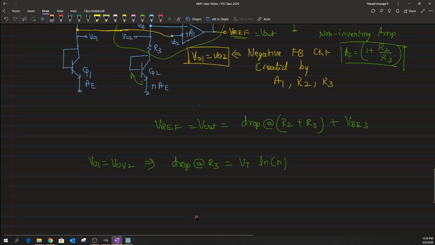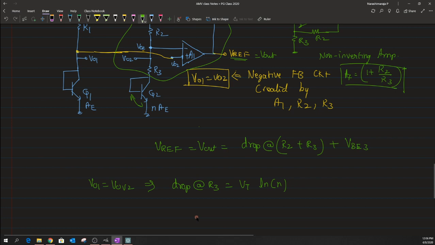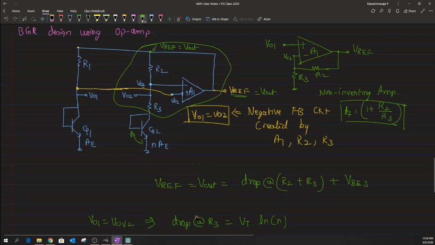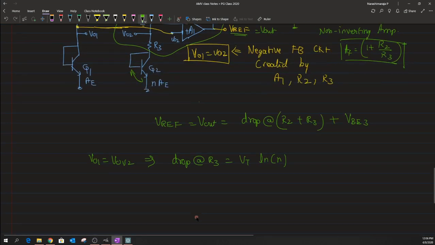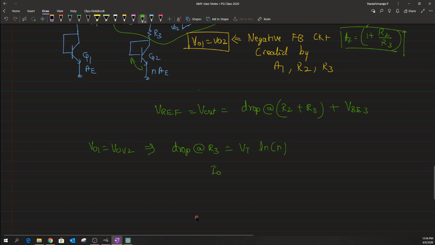This is the voltage drop, and in order to get the value of current flowing through this second structure, let me write it as IO2. The value of IO2 can be retrieved just by knowing the drop across resistor R3 divided by the resistance R3 value.